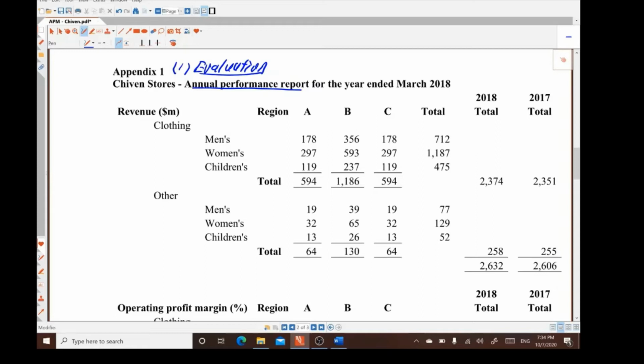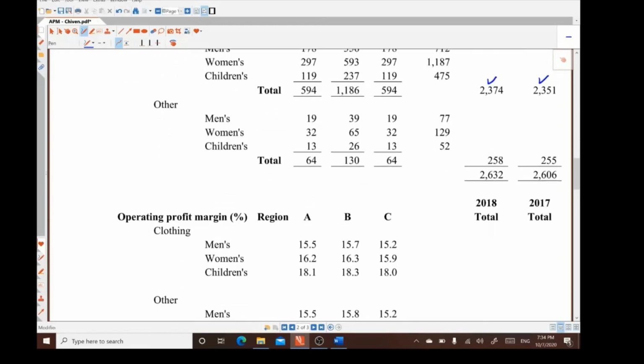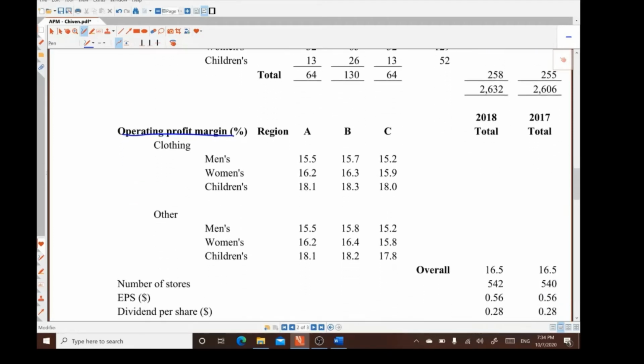Class, it shows us all the financial data so far with the revenue. Subsequently, the next part is the operating profit margin, the percentage. For the percentage here, so far there are 2. We have 16.5% individually for each year. With this margin, that refers to the profit before interest and tax.